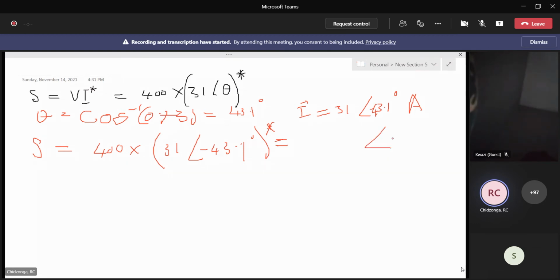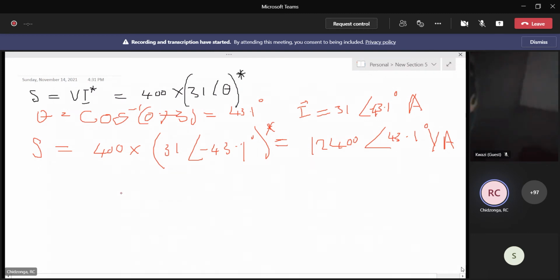The angle in polar form will be 43.1 because that angle changes to positive. And then it will be 400 times 31, which is 12,400. So this is the apparent power, and the units are volt ampere.